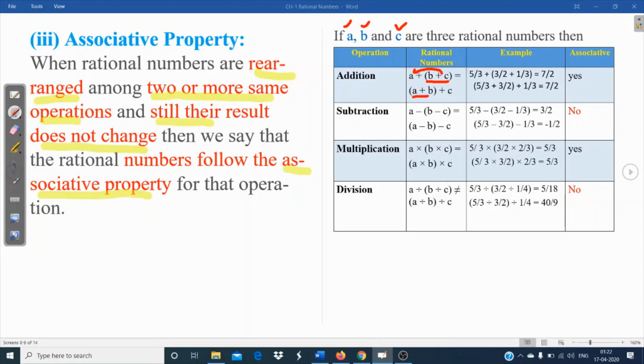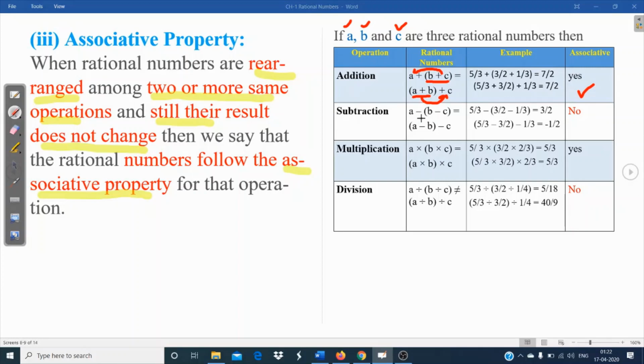Whatever the result of a plus b, that result we are adding to c. So when we do this, in both cases the result will be the same. That's why associative property is closed under addition. So here we get the same result in both cases.